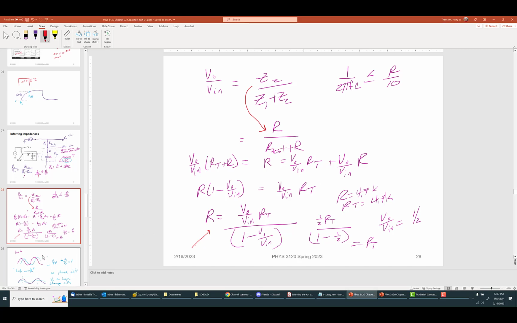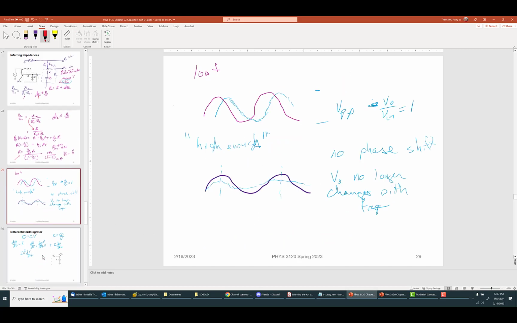All right, and then the other idea was, what's the manifestation of all this on our screen? At low frequencies, we'll see the input and output will be about the same peak to peak, but we'll see a phase shift.